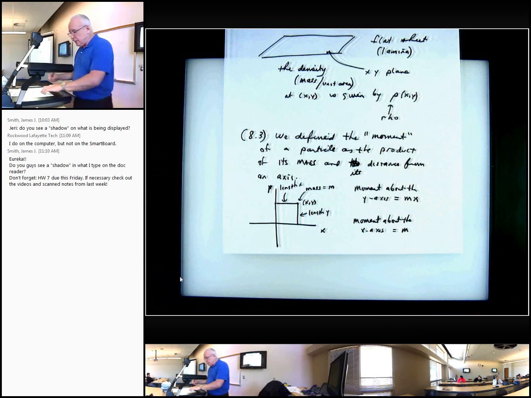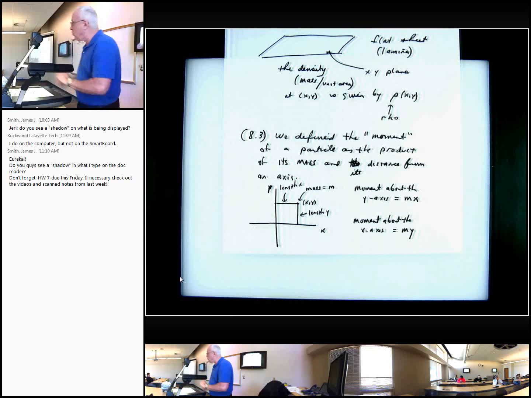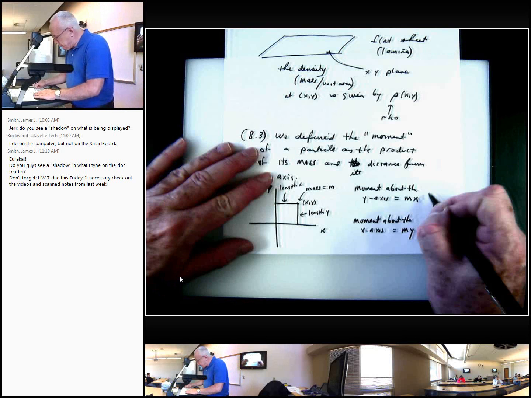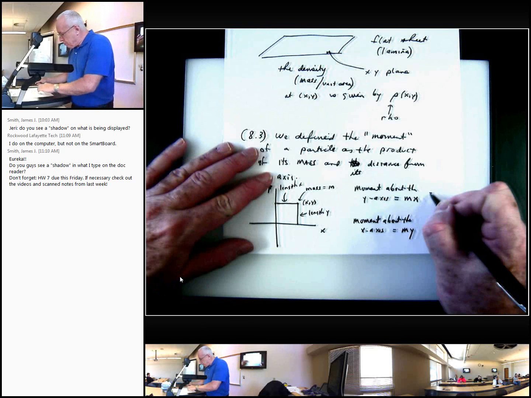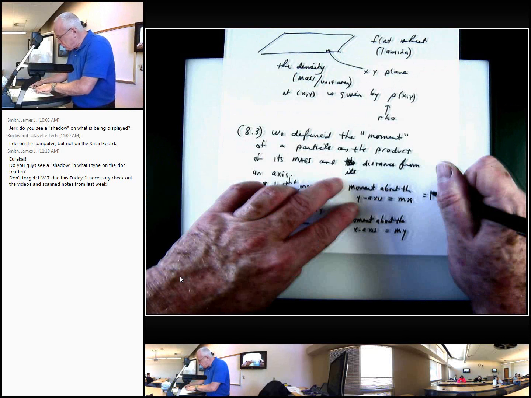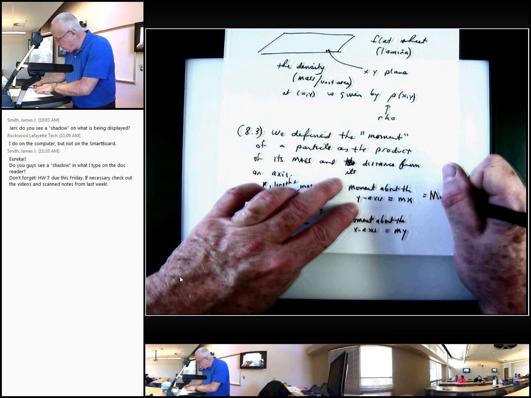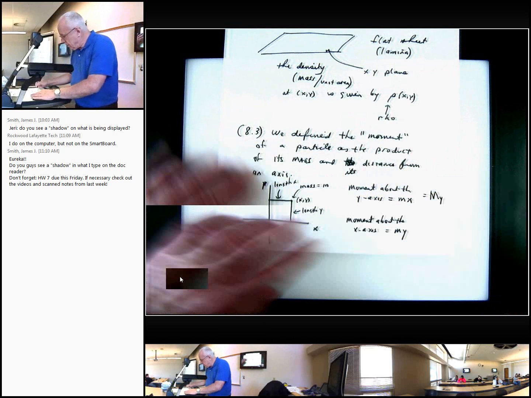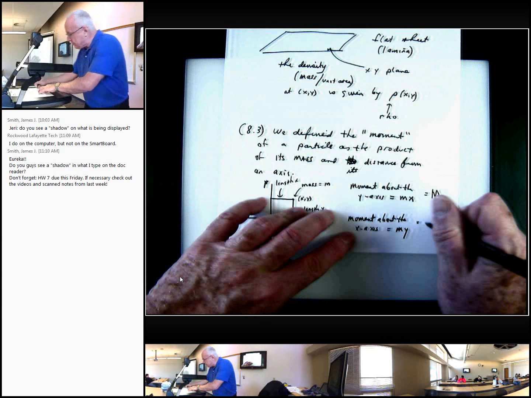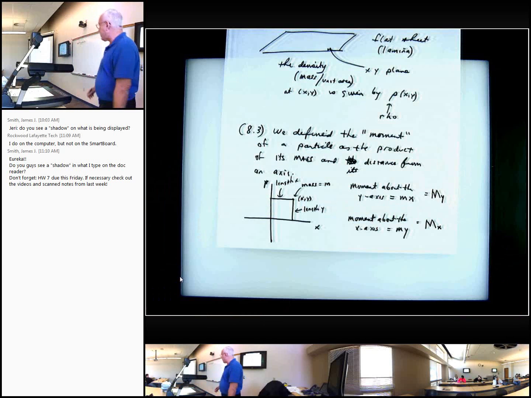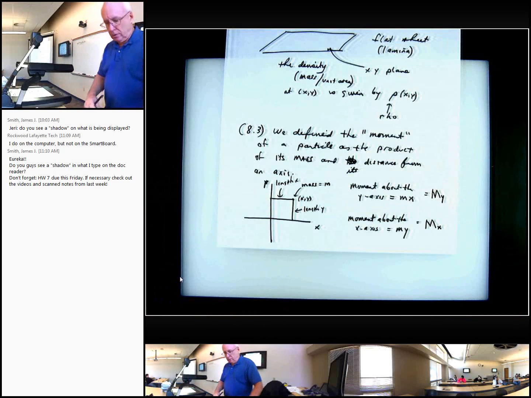This time the distance is the length y. There's a shorthand for this: for the moment about the y-axis, the shorthand is capital M sub y. For the moment about the x-axis, it is capital M sub x.